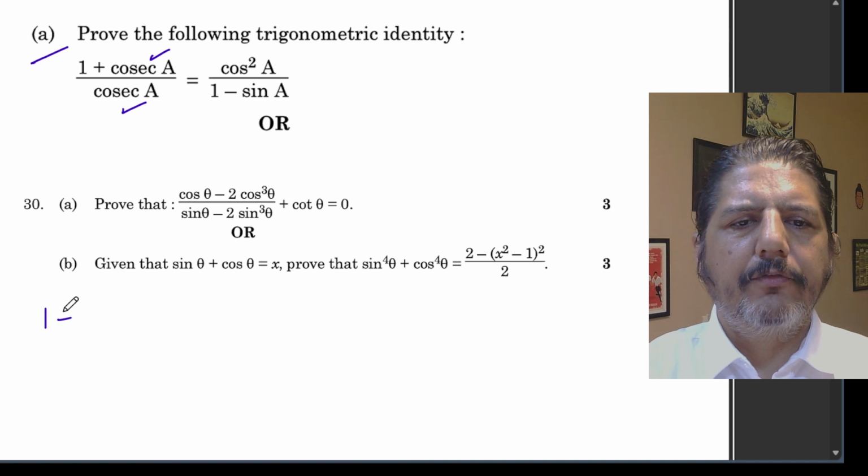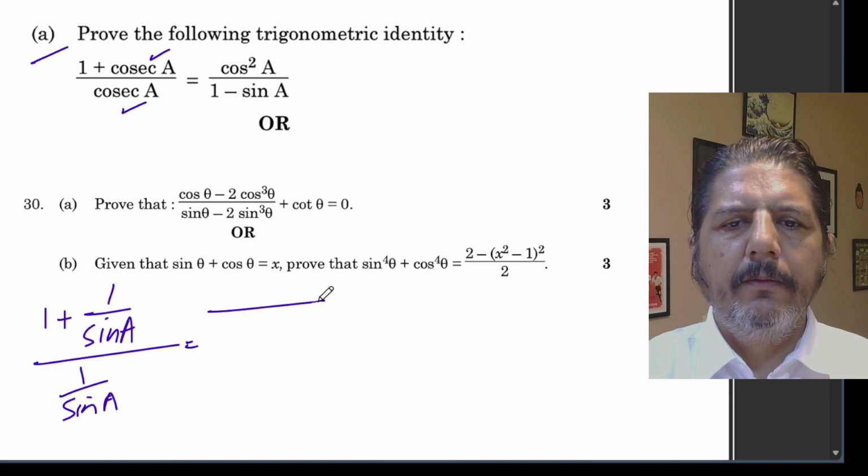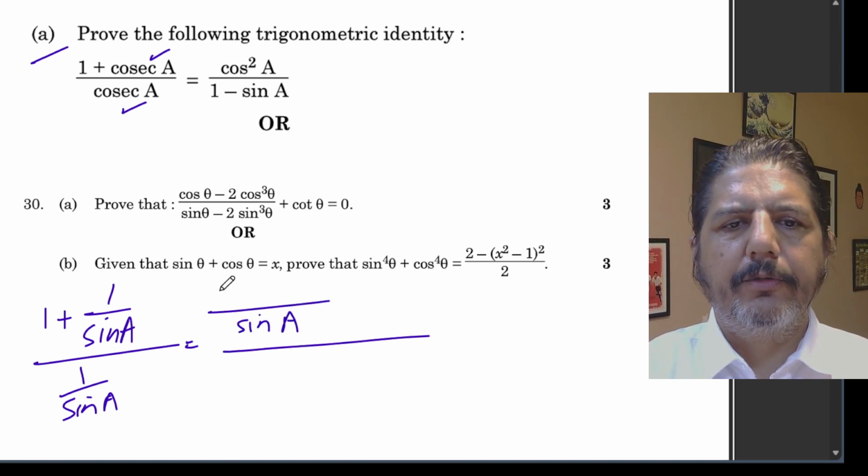I'll write this as (1 plus 1 upon sin A) upon (1 upon sin A). So sin A would be the LCM in the numerator.